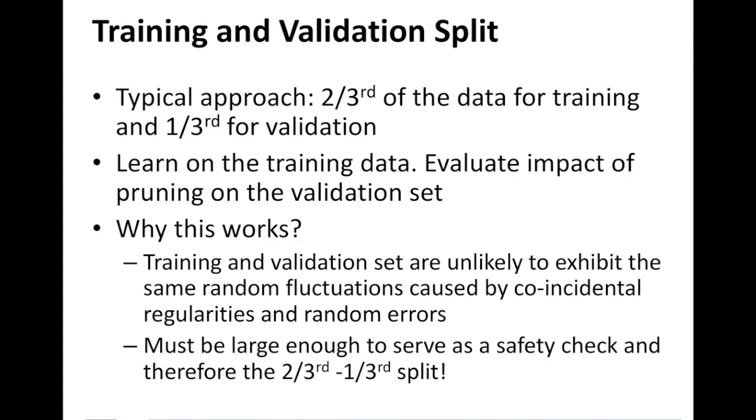Okay, the second and more popular way to do decision tree pruning is using a validation data set. So a validation data set is a data set which is used only for tuning and making your model better.